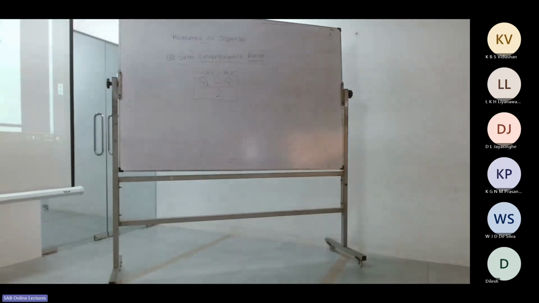How do we find it? Using the quartile deviation, another word for the semi-interquartile range. It is defined as half the distance between the third quartile and the first quartile. These are the two formulas.